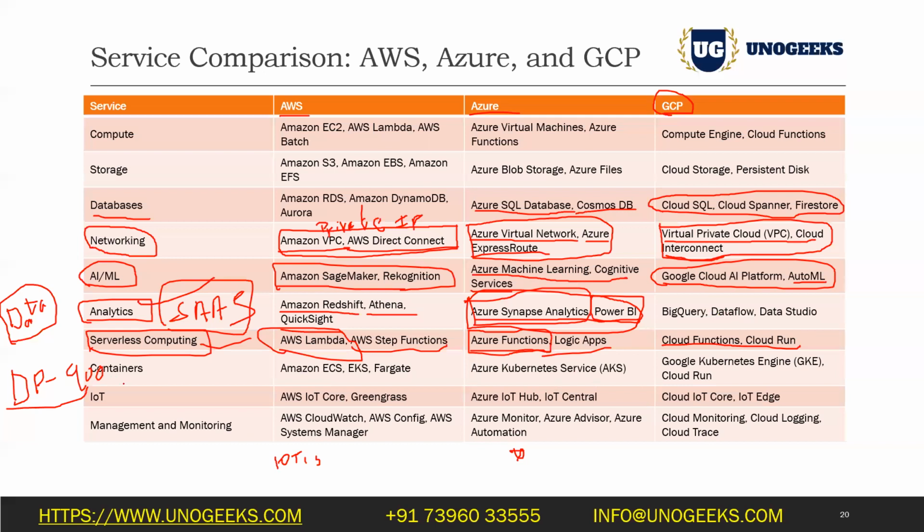Now, containers. This is one of the important parts. Containers are popular nowadays, and almost all the cloud providers have their own containers. A container is a set of code. I have code in a DLL, and I convert that into an image.